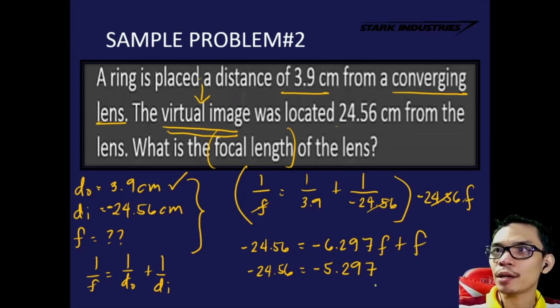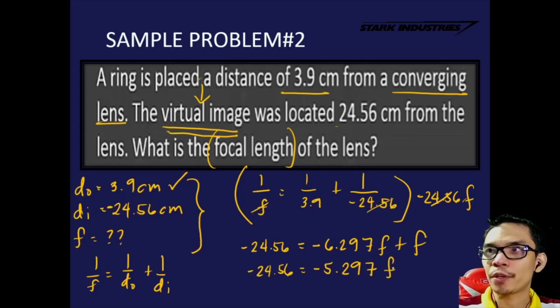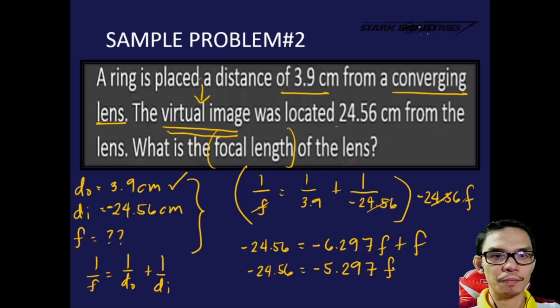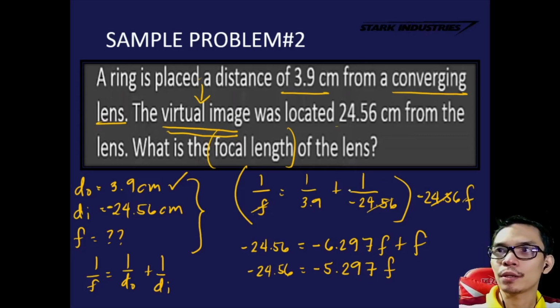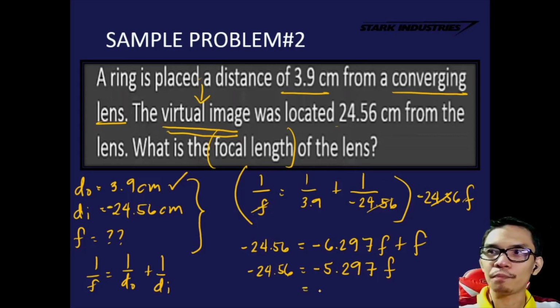Then that is F over here. Let me double check if I got the right thing. D sub I, converging lens. There you go, so they are all correct.